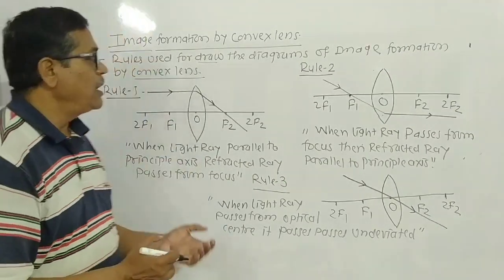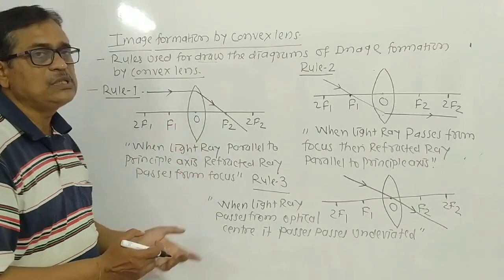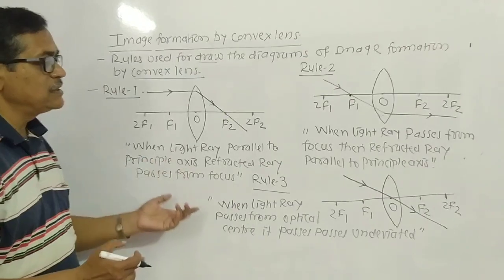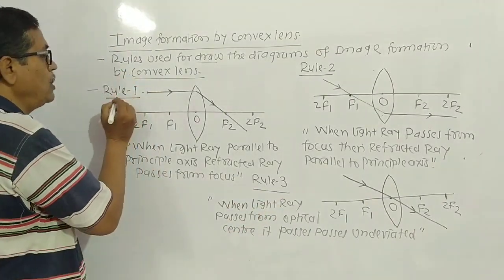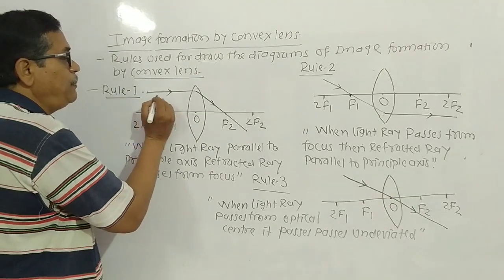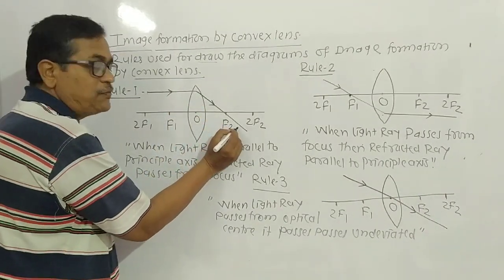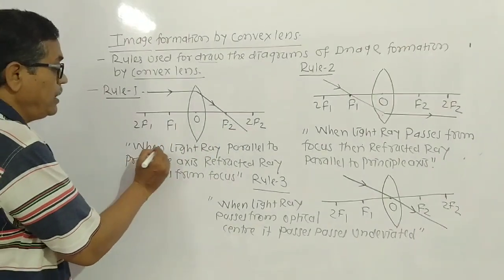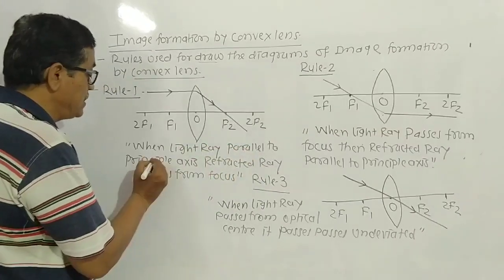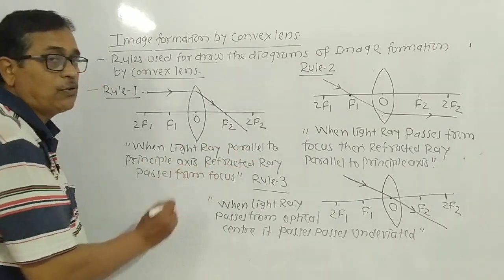Hence, again we can repeat all the rules here. It is necessary to understand all these rules. Look, that is rule number 1. Light ray parallel to principal axis, then refracted ray passes from focus. Draw the diagram in this way. When light ray is parallel to principal axis, refracted ray passes from focus.